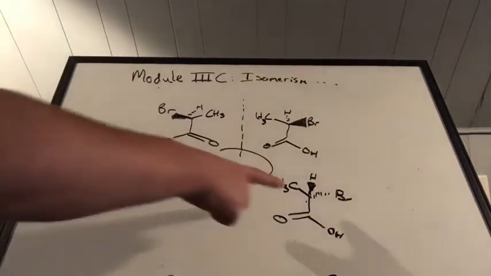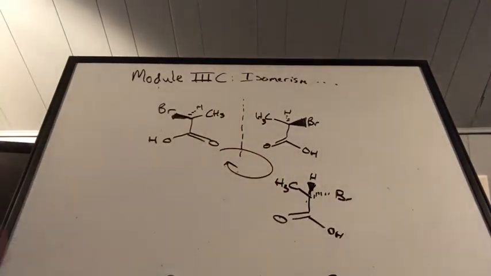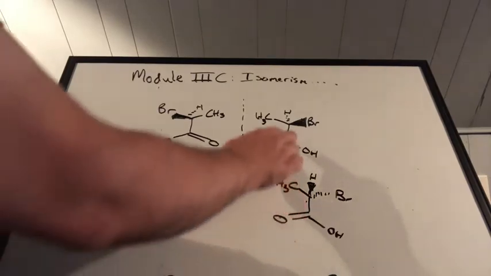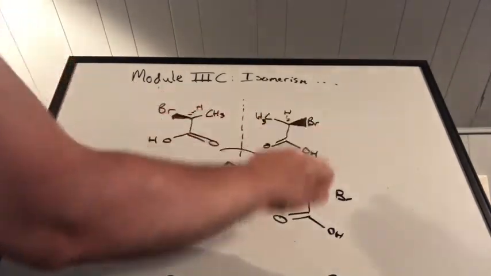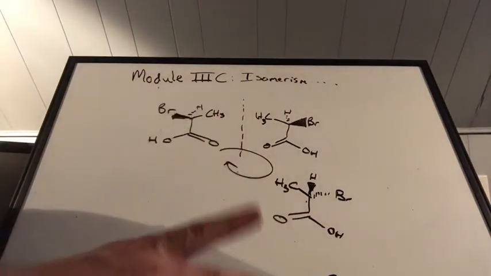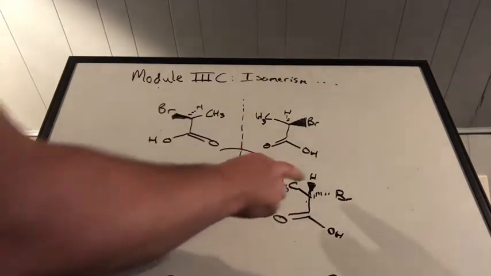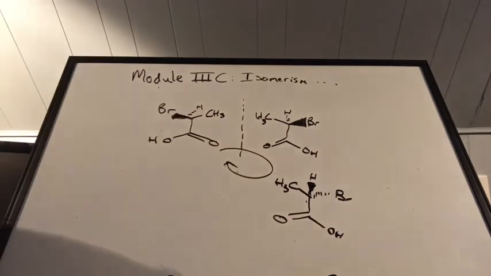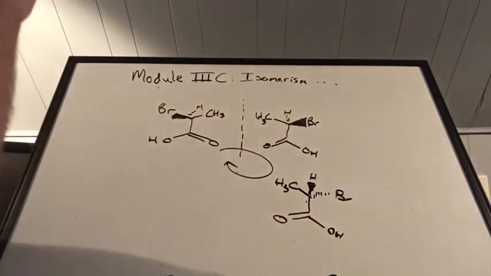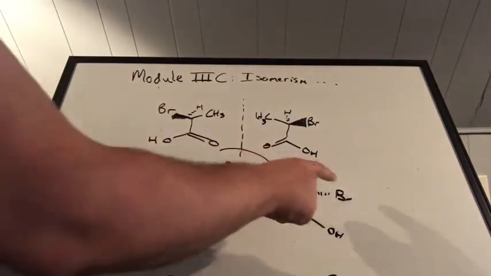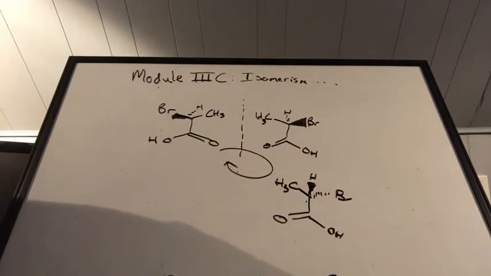So really what you're seeing here is that there's an inversion of configuration, or there's a change in two particular nuclei or coordinates that are sticking off of that particular carbon that is three-dimensional. Again, it has a total of 4 coordinates branching off of it. So you have a hydrogen, carbon, bromine, and then that carboxylic acid moiety.